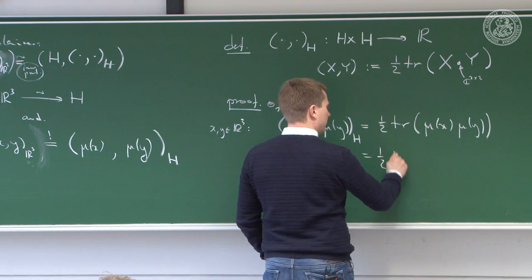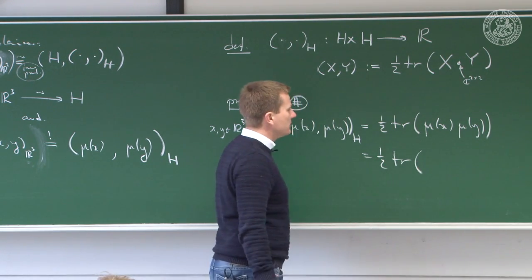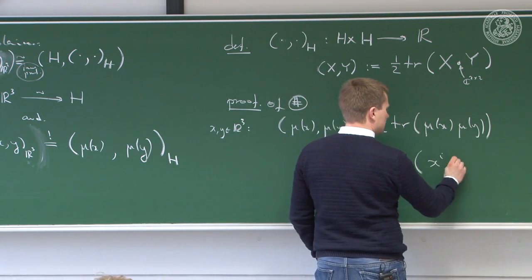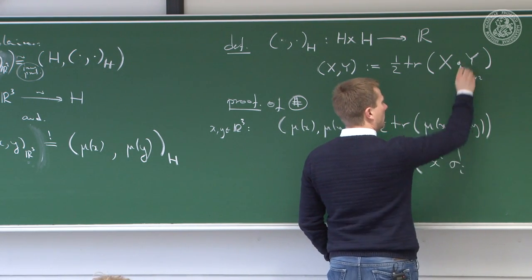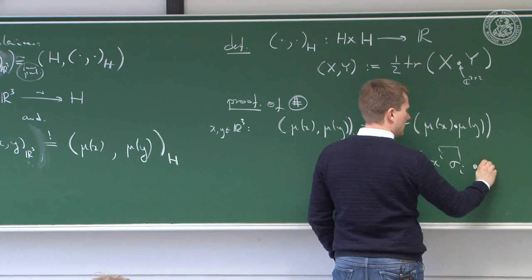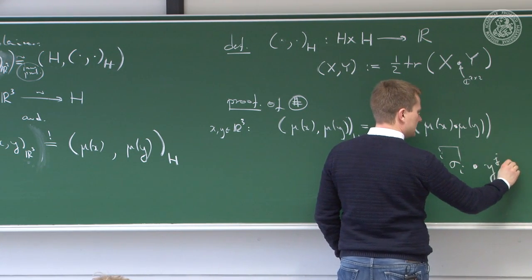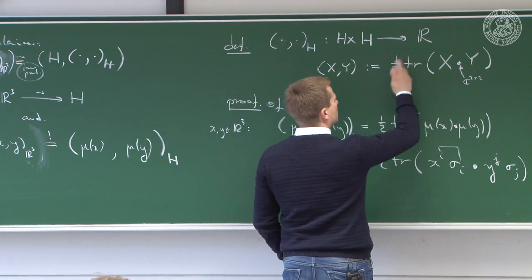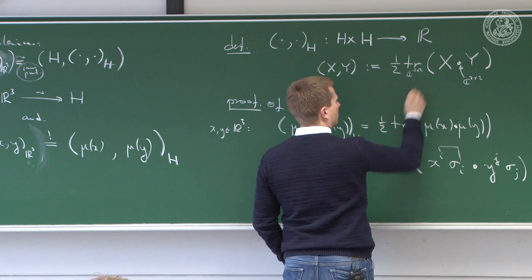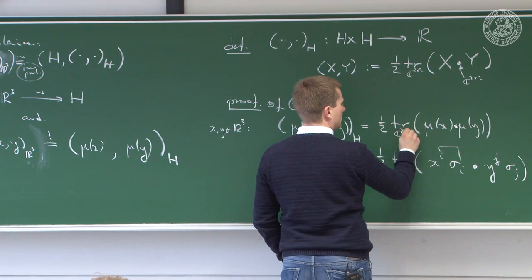This is 1/2 the trace of, what was mu? Mu was xi sigma i. Then this here was the blob here. This is yj sigma j, of course. And the trace here is of course the trace over complex 2x2 matrices.